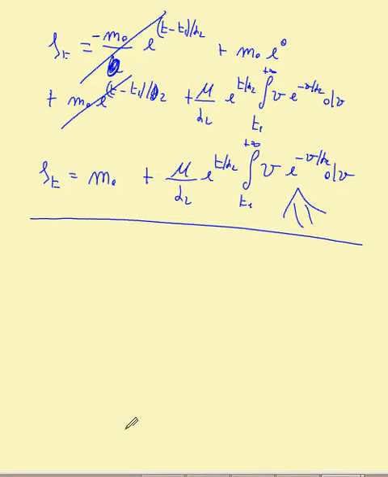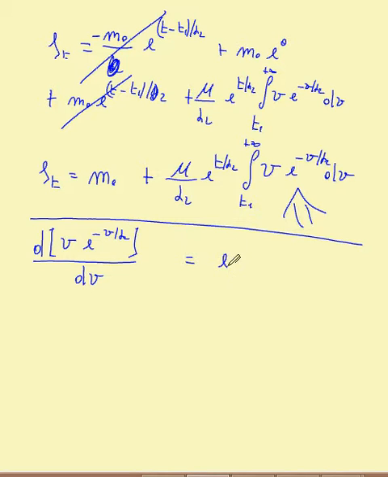In order to solve this integral, we can consider the derivative of v, which multiplies e to the power of minus v over alpha 2, with respect to v. We know this derivative is equal to the derivative of the first, which multiplies the second, plus the first, which multiplies the derivative of the second. So it's equal to e to the power of minus v over alpha 2, which is the derivative of the first.